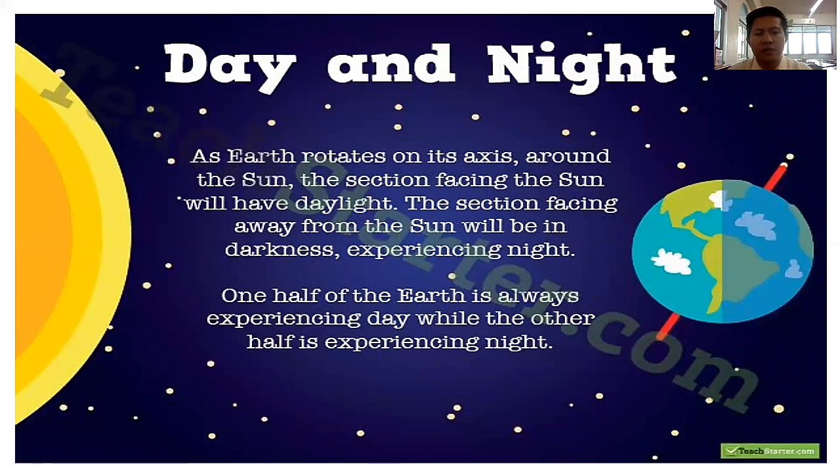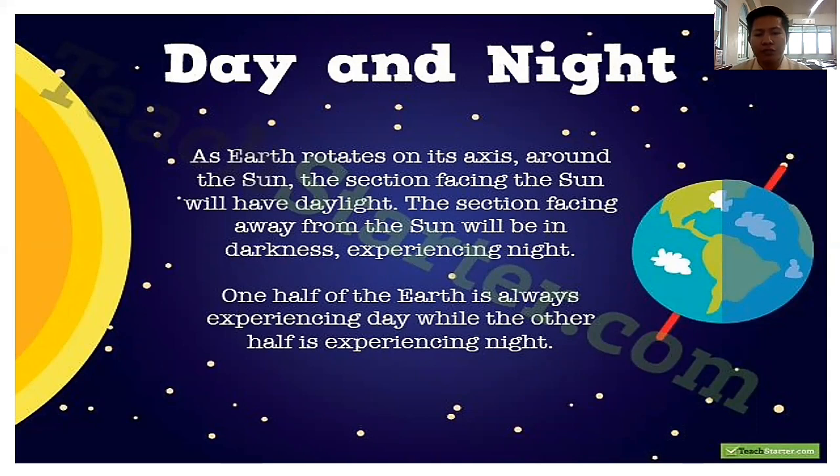As Earth rotates on its axis around the sun, the section facing the sun will have daylight. The section facing away from the sun will be in darkness, experiencing night.